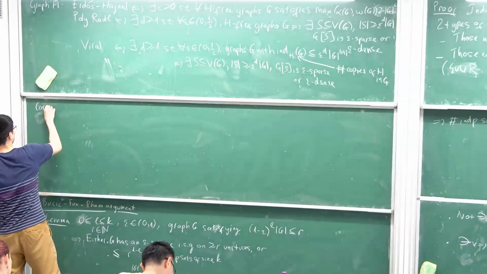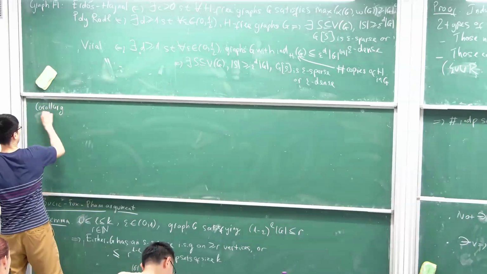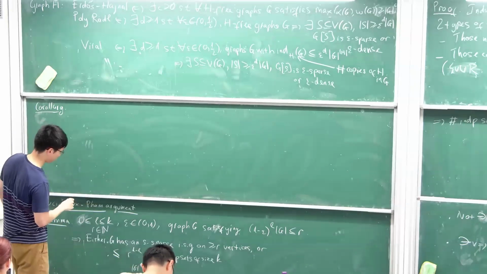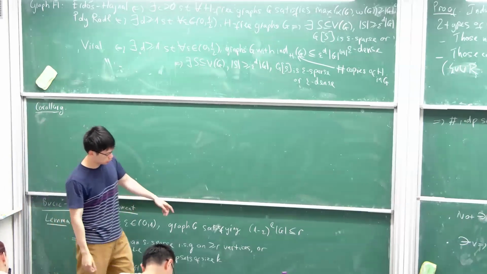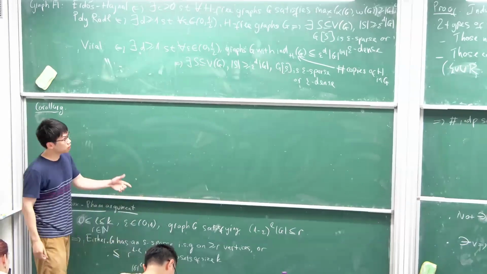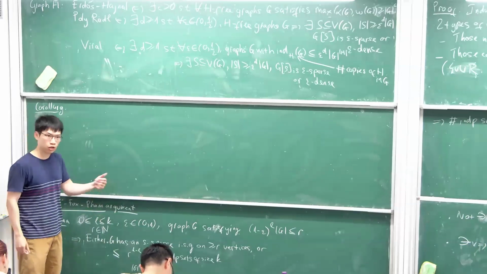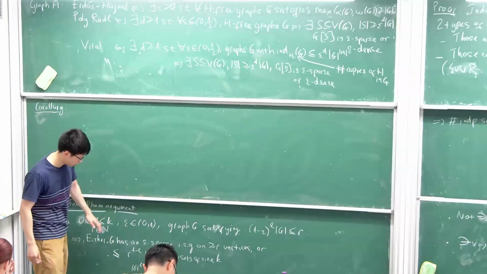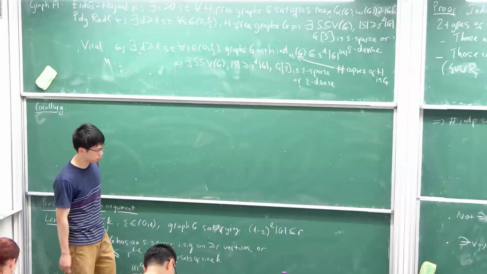So the corollary of the lemma is now, in the setting of Rödl's theorem from yesterday, we have epsilon and we have delta. But so far in this lemma, we haven't seen delta or anything yet.